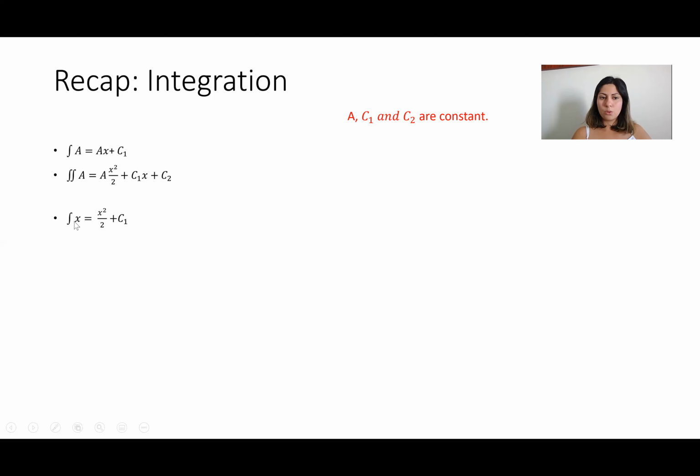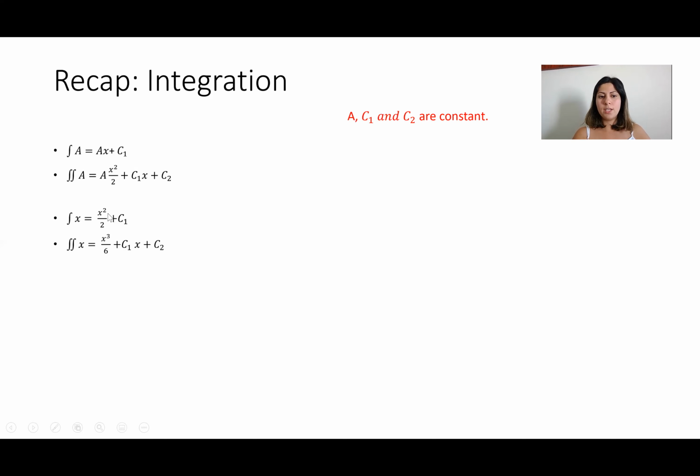Here is how to integrate a variable x. If you integrate it once, you will get x squared divided by 2 plus c1, which is a constant.